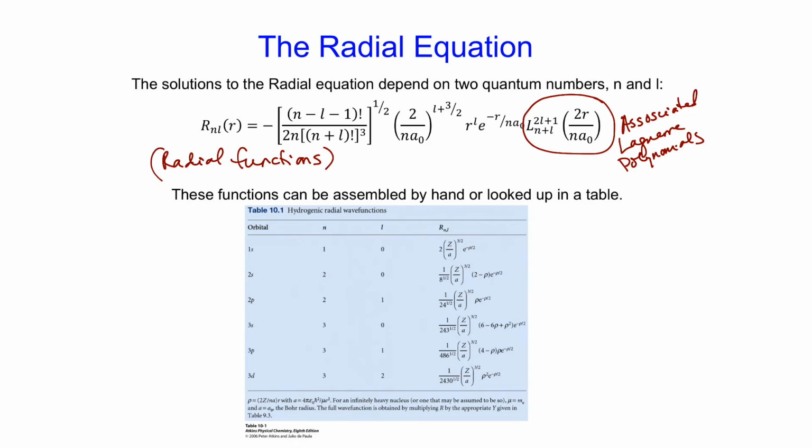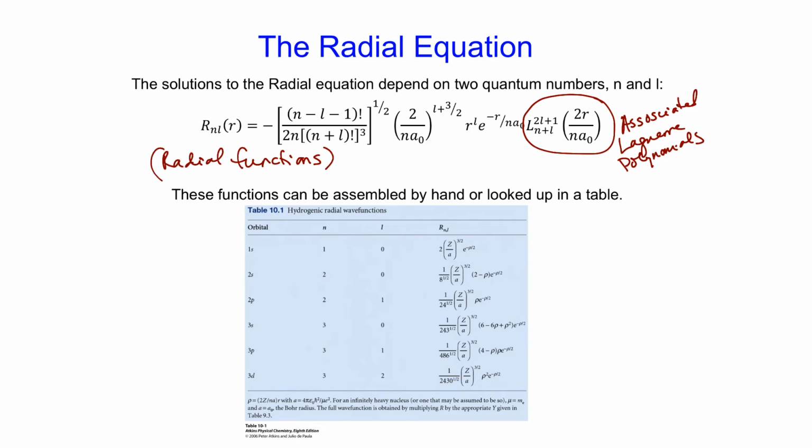The thing that you want to pick out here, if you're using this table, is that you have this rho term in your expression, so make sure you go down here and figure out what rho represents for these functions. Don't get confused if you look at a different table and it's in a slightly different format or they use different variables. They're going to end up giving you exactly the same result.